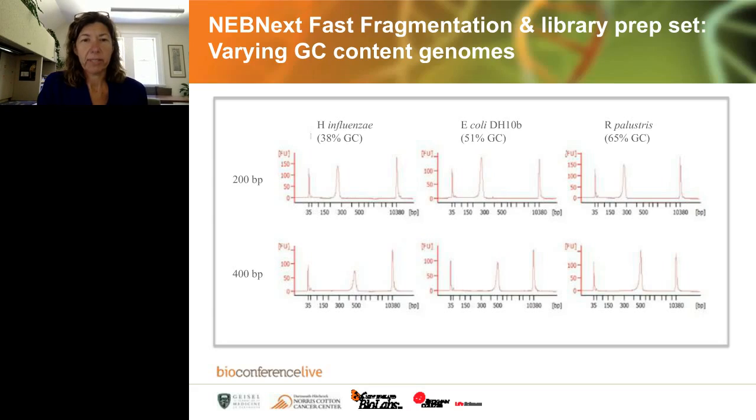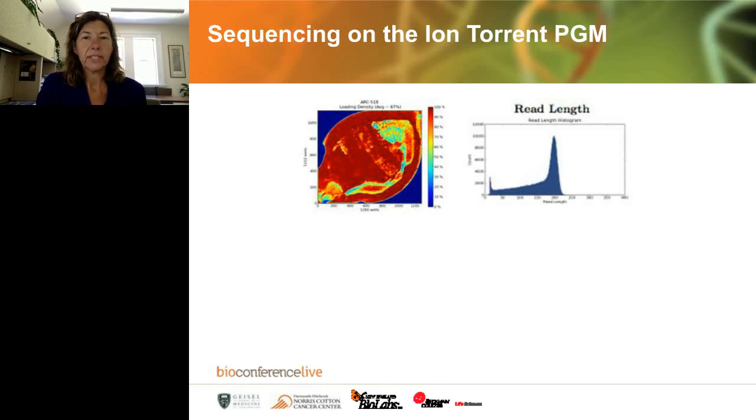In this particular library construction, a single prep was made for each library, and then it was run on an E-Gel to size select. The 200 base pair size library was eluted first. The gel was run for a little bit longer, and then the 400 base pair library was eluted. So there's versatility there.